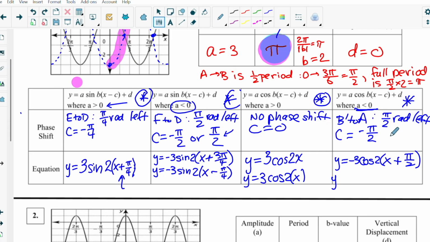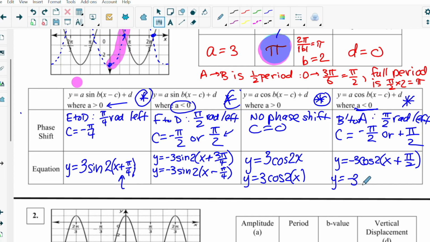The other way we can think about it is, remember, plus pi over 2, right? Because of the same relationship, when you reflect it, it's a horizontal phase shift in either direction, left or right, by the same number of units, or thinking about it as pi over 2, or half of your period.